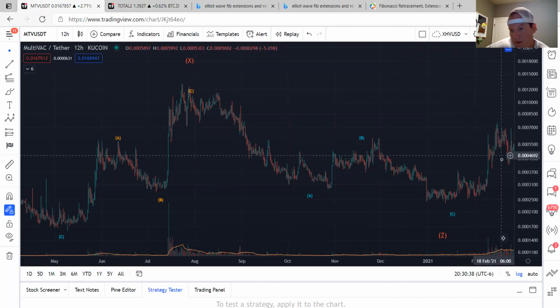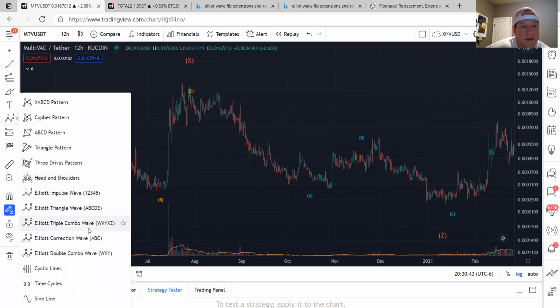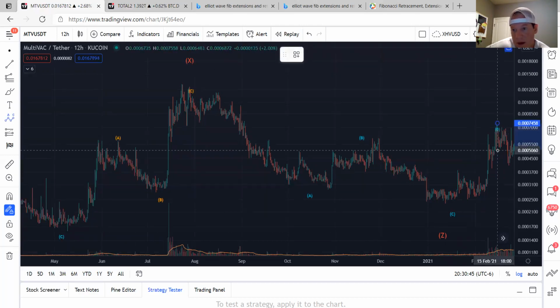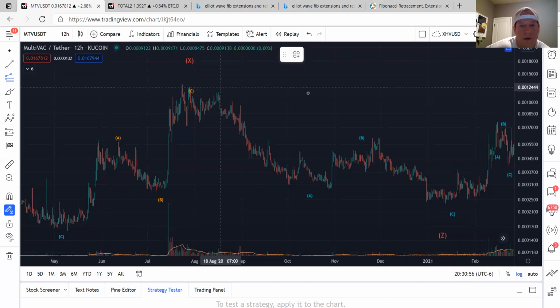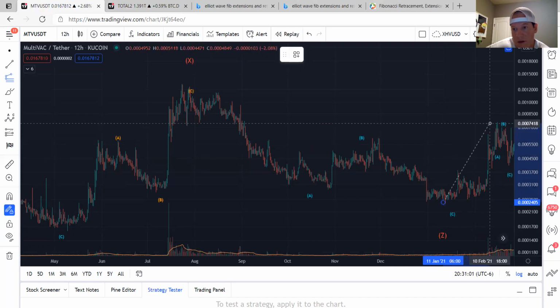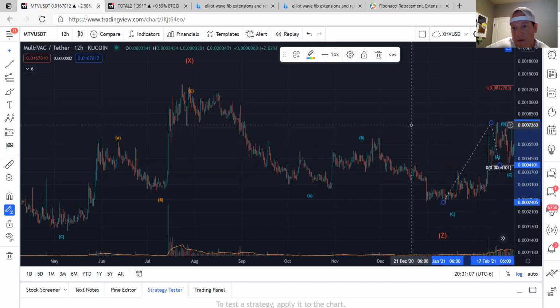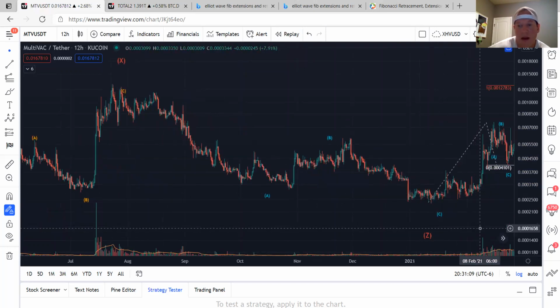And then you have an A, B, C down, which is corrective. So if this is a 1, you can take your trend-based fib extension tool, start at the bottom where the price starts, go up to the top of wave 1, to the bottom of wave 2, and we should see wave 3 hit 1618. Let's see if it does.